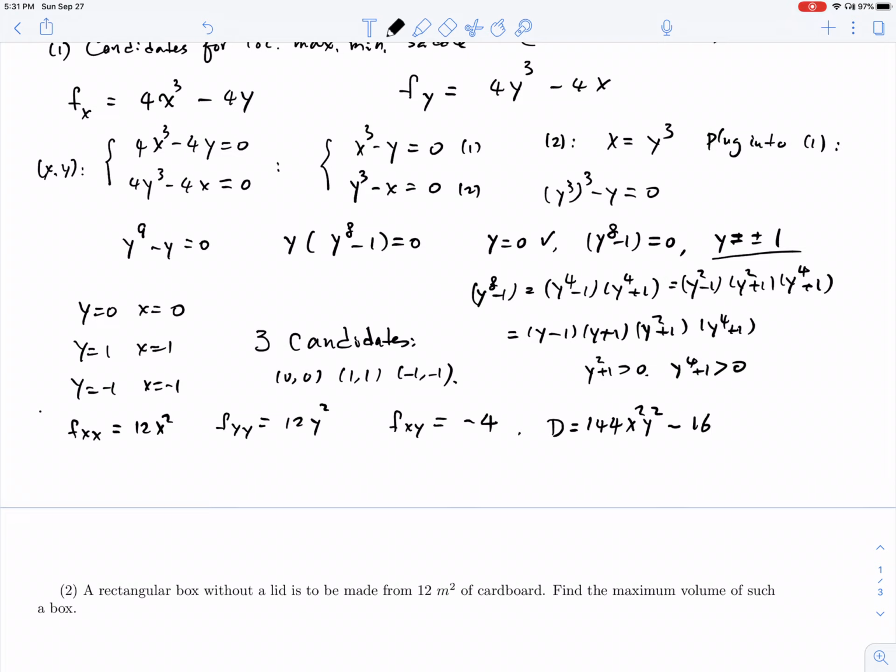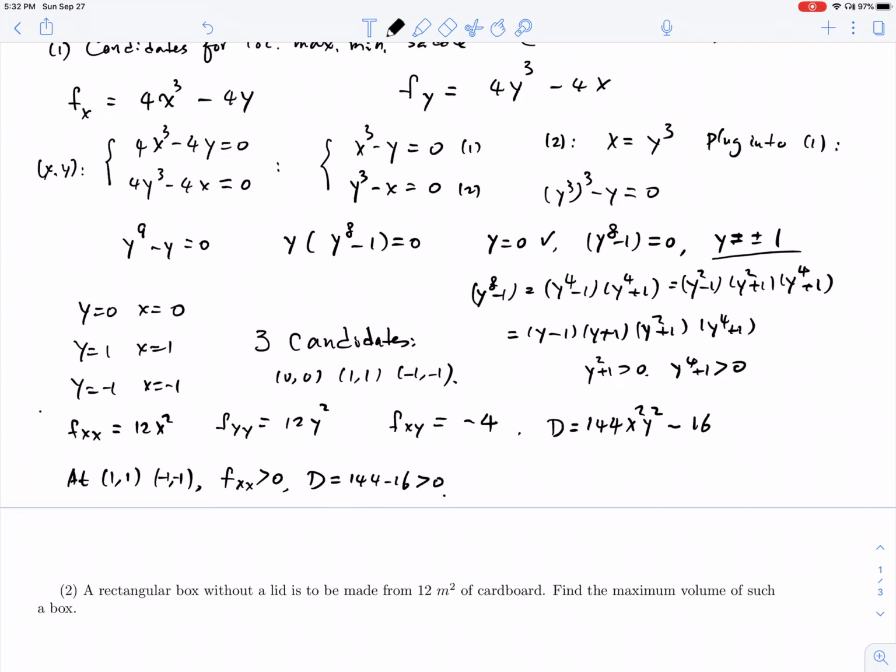Okay, so now we have the conclusion. We know at the points 1, 1 and negative 1, negative 1, we have fxx bigger than 0. And D is also bigger than 0 because 144 minus 16 is bigger than 0.